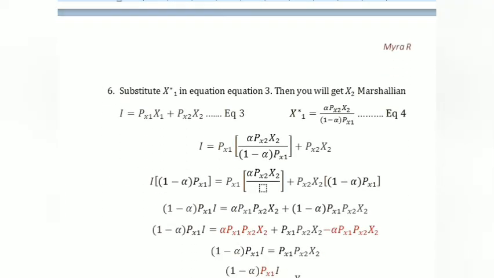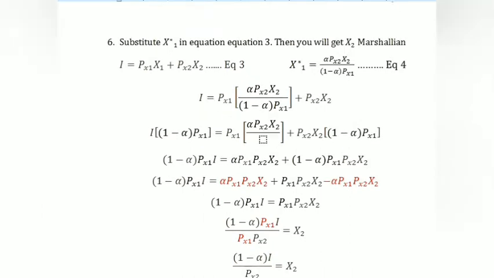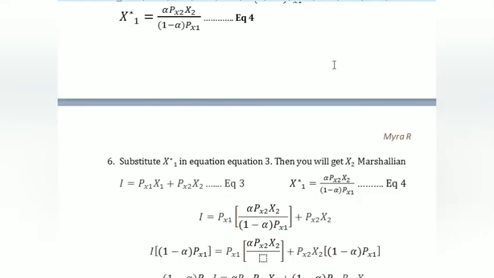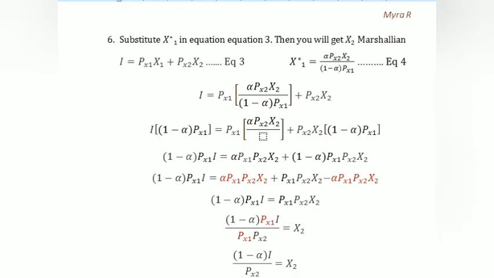For the next step, we substitute x1 that we got from equation 4 into equation 3, and then we get x2 Marshallian. So we rewrite equation 3 and equation 4, and then we substitute x1 using equation 4.